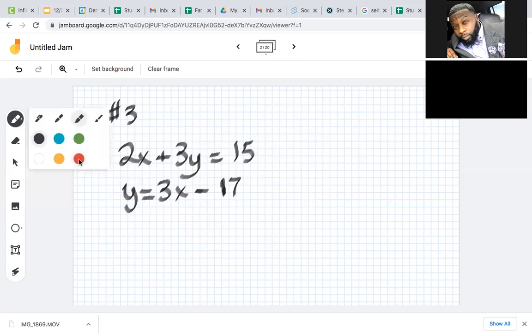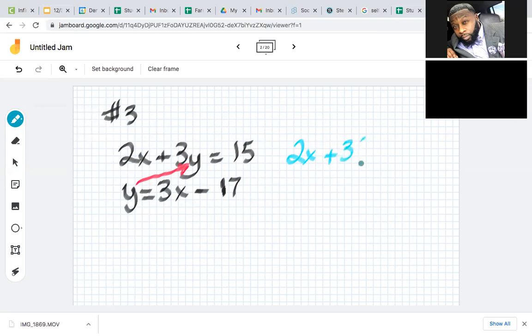Yeah. All right, so let's try that. So we're going to sub y in there. So let's get 2x plus 3 times 3x minus 17 equals 15.